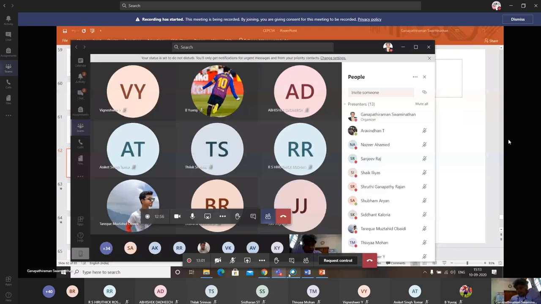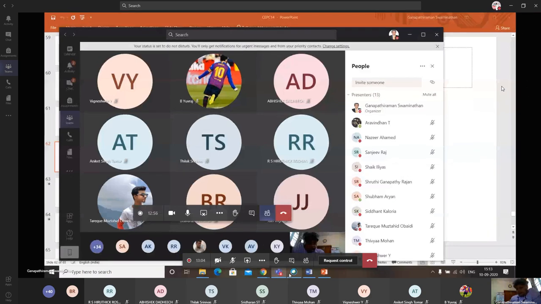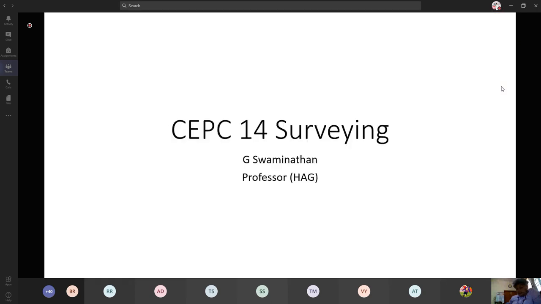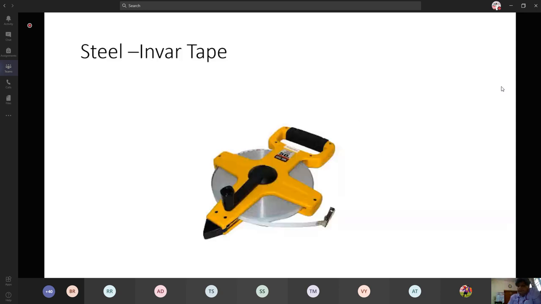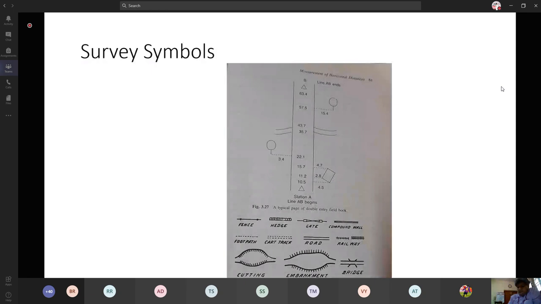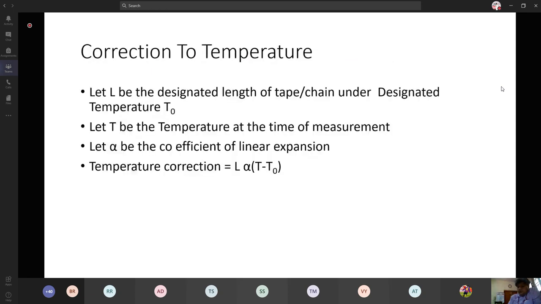So what is the sum of the included angles? The sum of the internal angles of a polygon is 2n minus 4 right angles, where n is the number of sides.